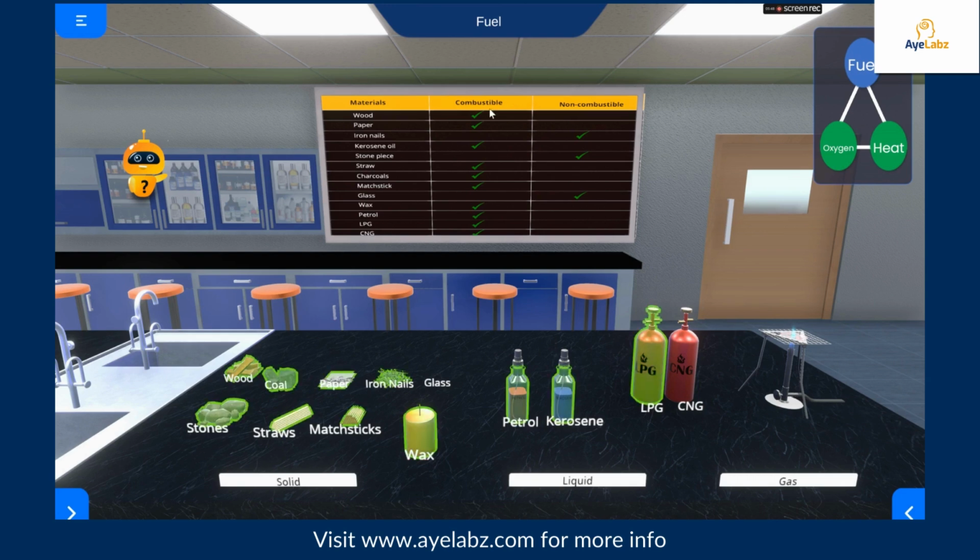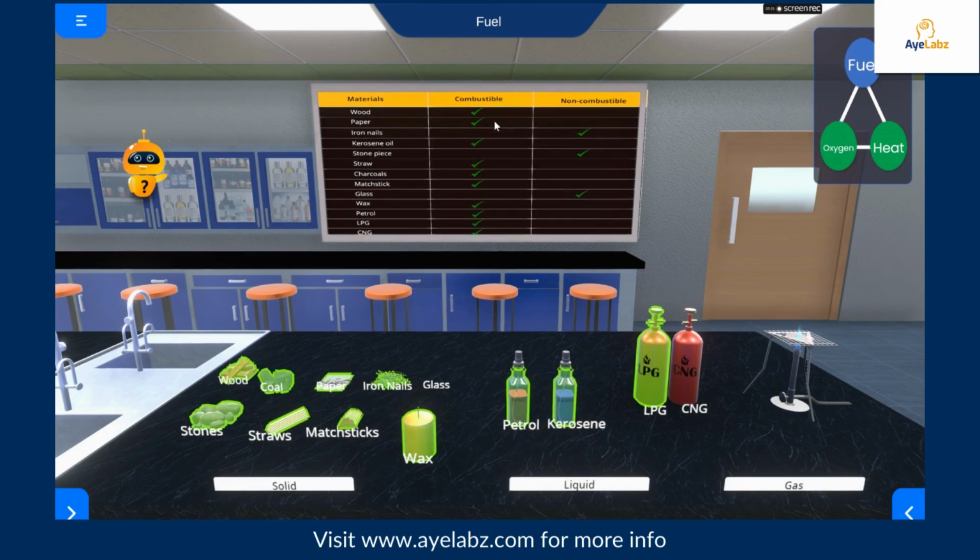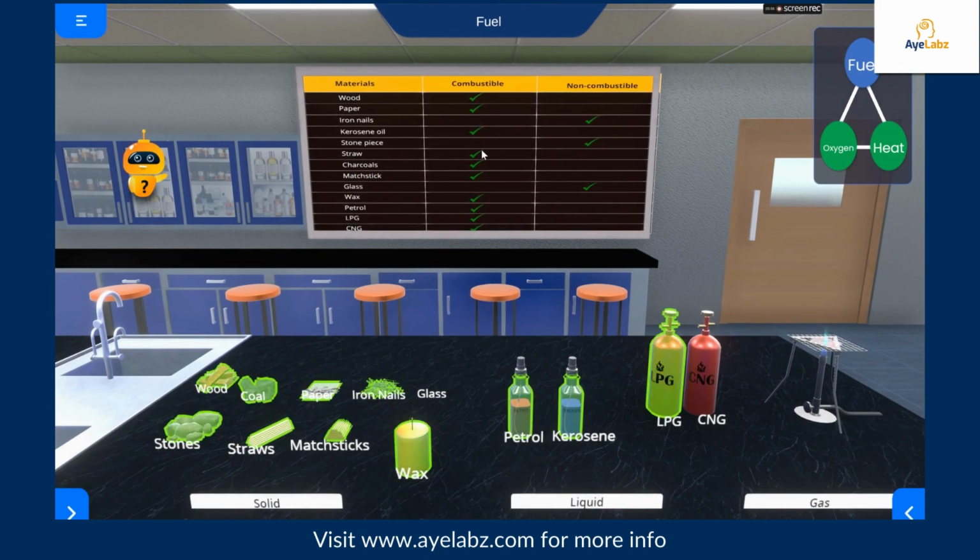All those materials and their combustibility are given on the board thoroughly. You can zoom in and view them clearly.